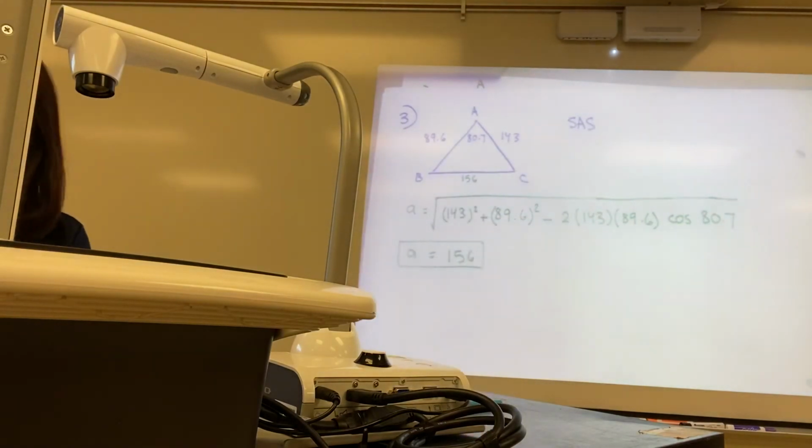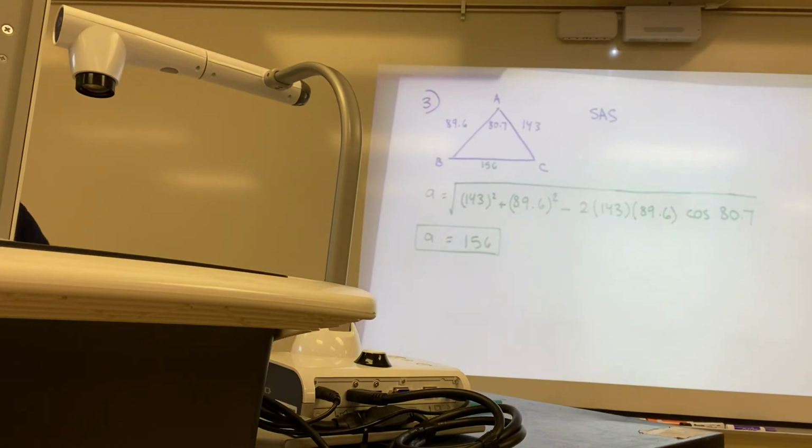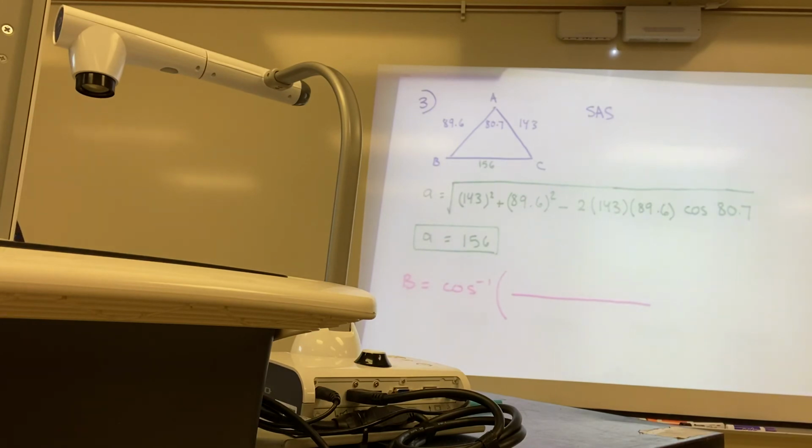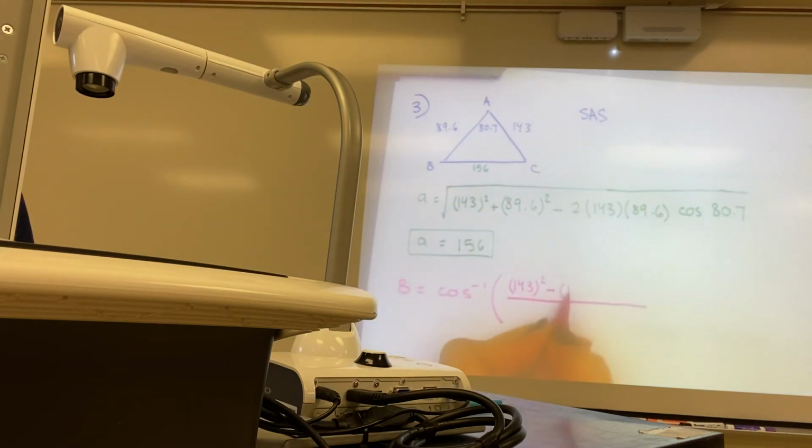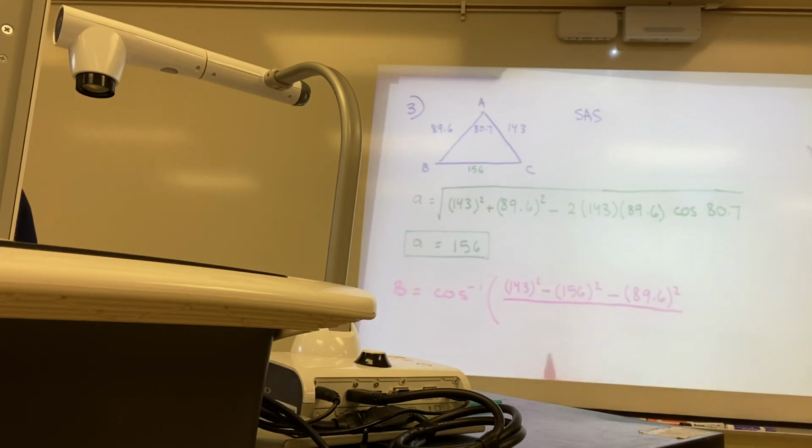Let's find one of the angles, either B or C, and let's do B. And remember we said B is cosine inverse of, we'll start with b squared, 143 squared, minus A squared, and that's the one that I just found, 156, and then minus C squared, divided by -2 times 89.6, that's side C, times 156.